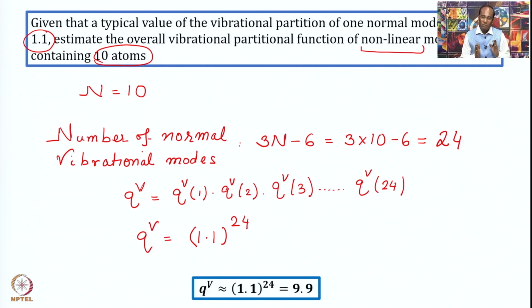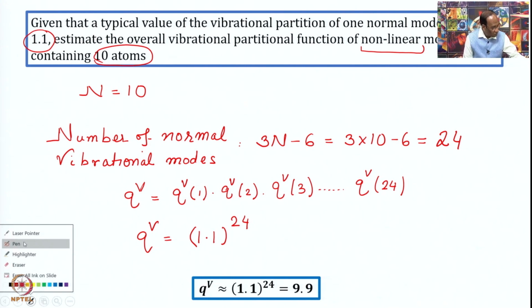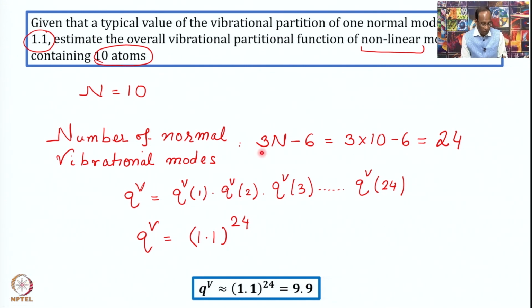If the rotor is a nonlinear rotor, just like the one in this example, we are going to use the 3n minus 6 formula, and that gave us 24 normal modes of vibration, and the overall contribution to vibrational partition function in that case is multiplication of all the values. So 1.1 raised to the power 24, the value is 9.9.